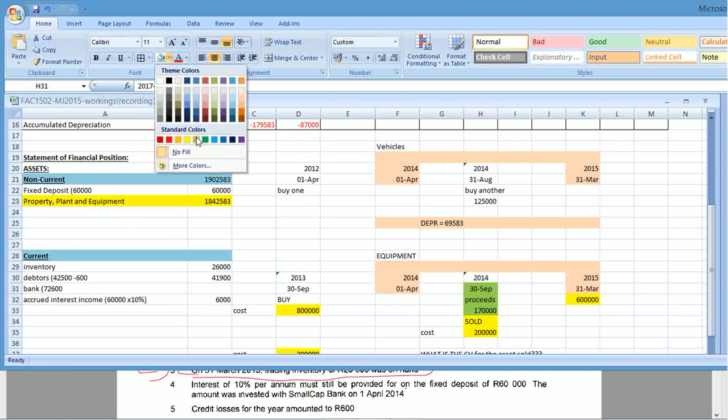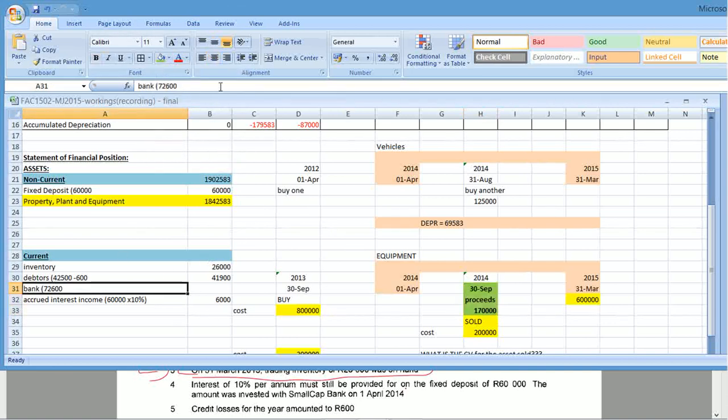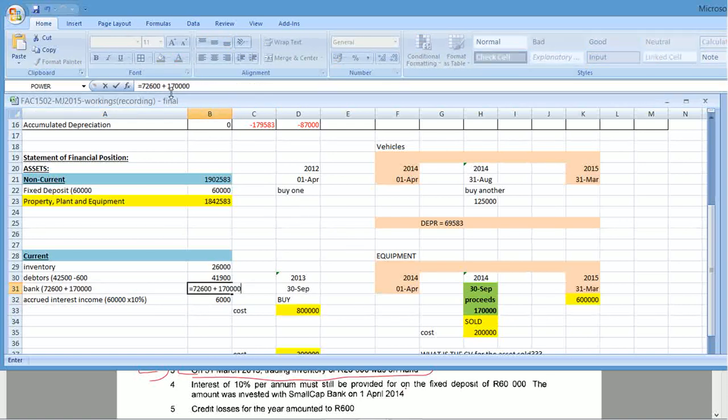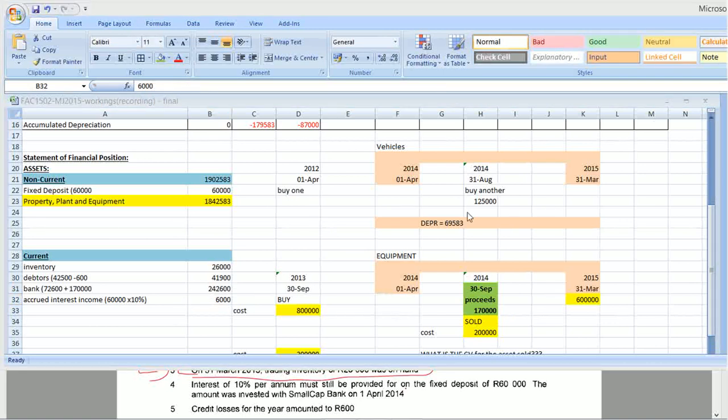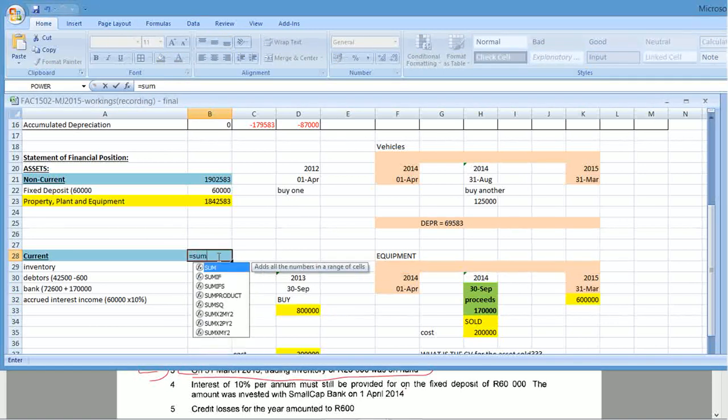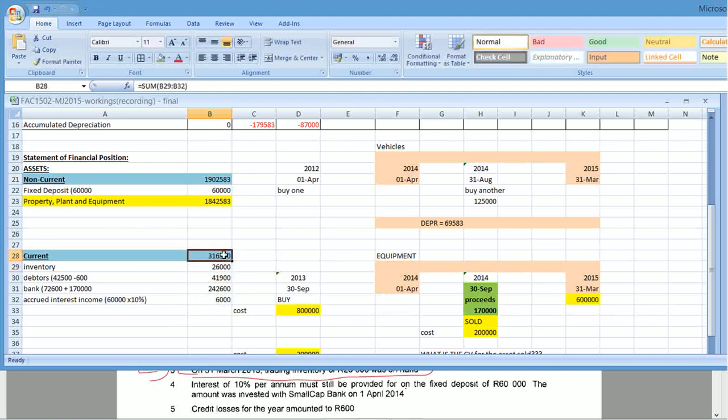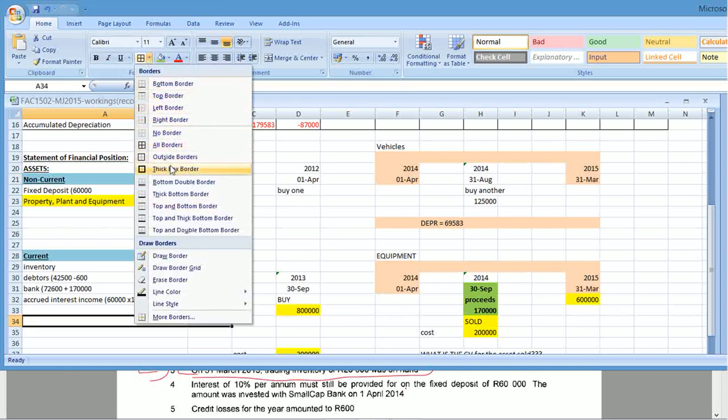Okay, don't forget about the proceeds from the sale here. Proceeds of the sale would increase the bank. 170,000. And then we need to add up all our current assets. Sum up the current assets, gives me that. And then I would add up my non-current and current, and then I would have a line item here.